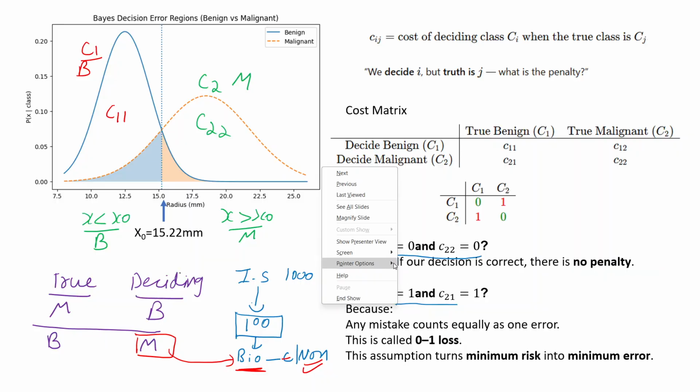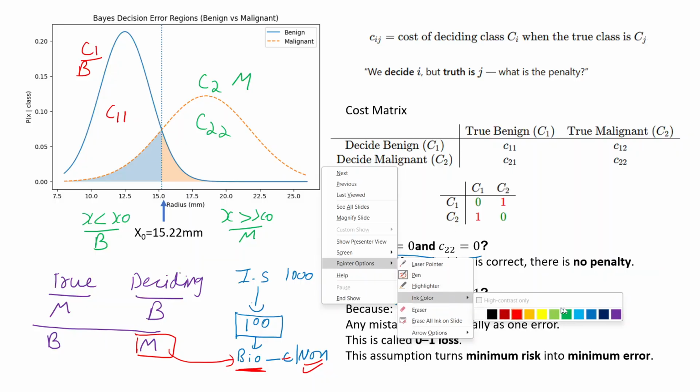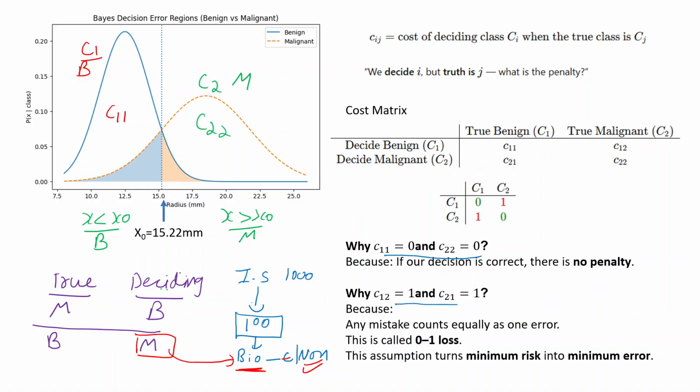But look at the other error. When we did the initial screening, we decided it as benign, but it is actually malignant. Then these cases will not be sent for biopsy, but the true class was malignant.